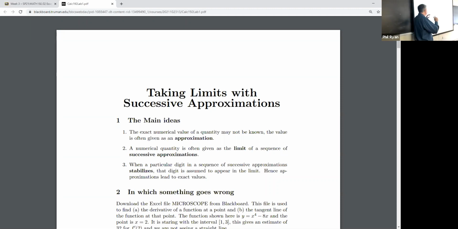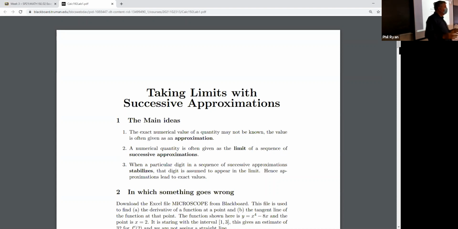So the idea is, you want to find something, and you don't have an exact formula for it, but you know you can get it as a limit. That means you've got a way of approximating the answer. Once you have a way of approximating the answer, by doing more work, you can get a better approximation.